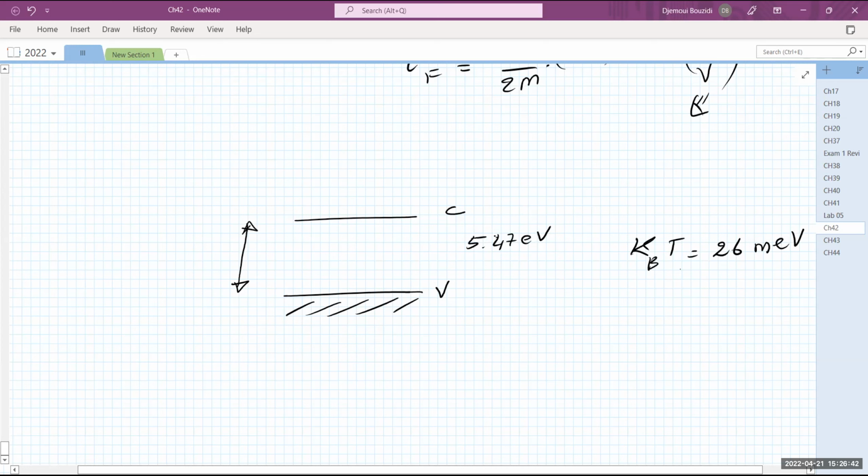This is a huge gap, so it's not enough. Yes, a few electrons, even at room temperature, because the Maxwell distribution, for example, extends all the way to infinity. So you will have some of them that will gain enough energy to overcome it. So you will have probably 1 electron or 2 in a huge number. It's not going to be enough to do any kind of conductivity, okay?